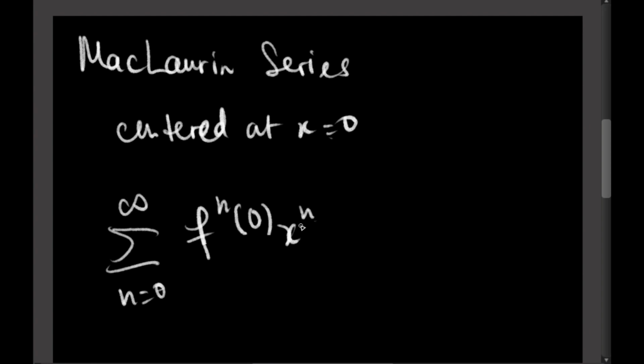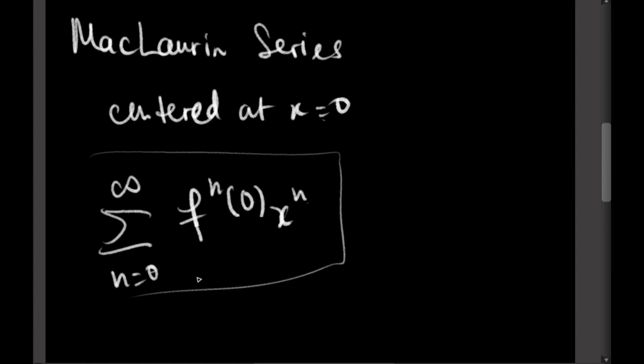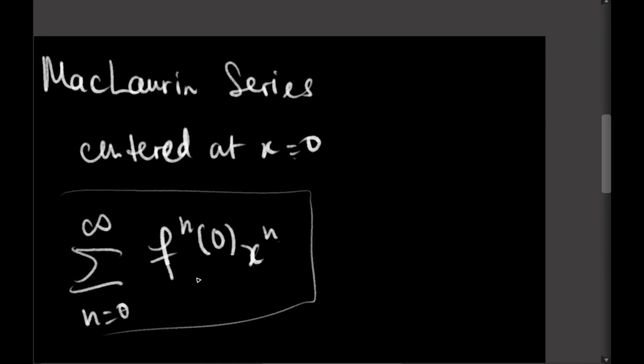You can see that it's simpler than the formula of the Taylor series, right? So this is what we have. Okay, and now let's jump to the next example where we're going to discuss this series.